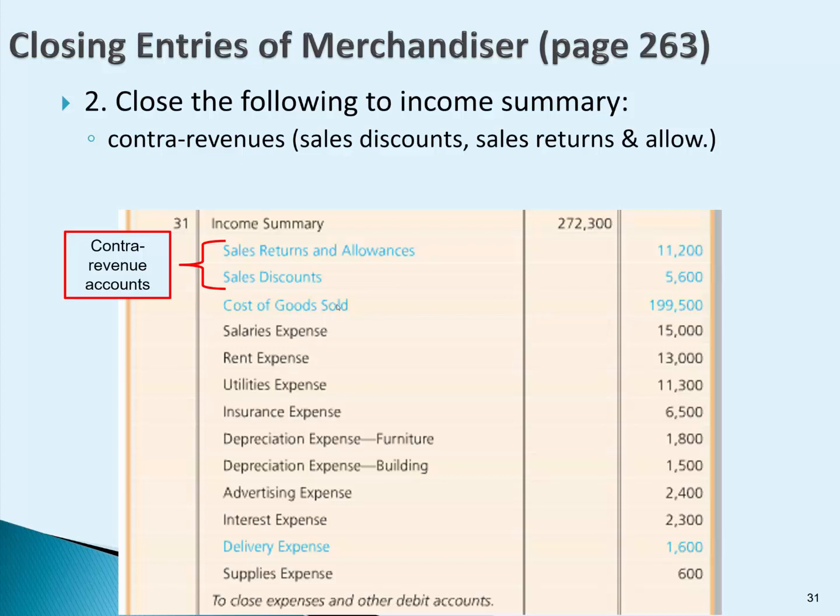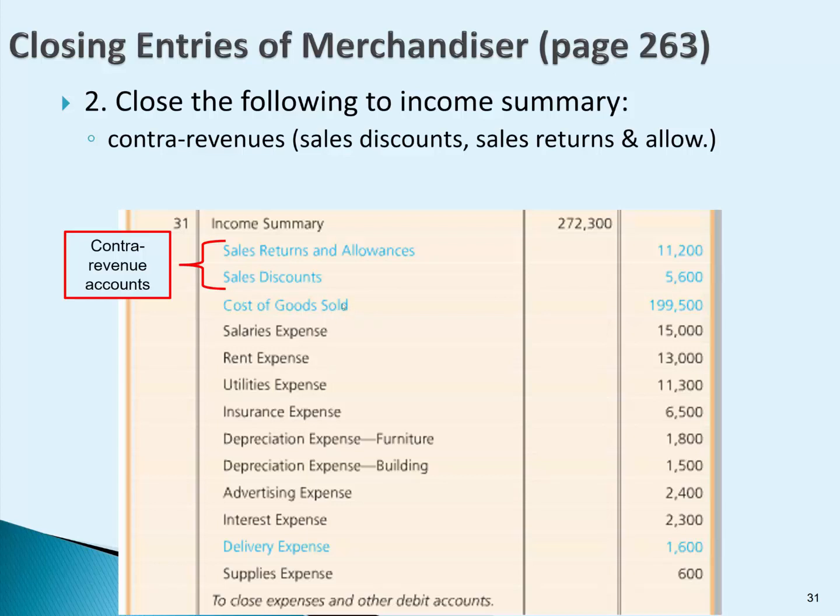And then down here, we are simply closing out all the expenses. The ones in blue are new for a merchandiser. A delivery expense for a merchandiser means if we sell some product to a customer and we have to pay for the shipping or the delivery, we just consider that a delivery expense. And then the one that sometimes students forget is an expense is COGS, cost of goods sold.